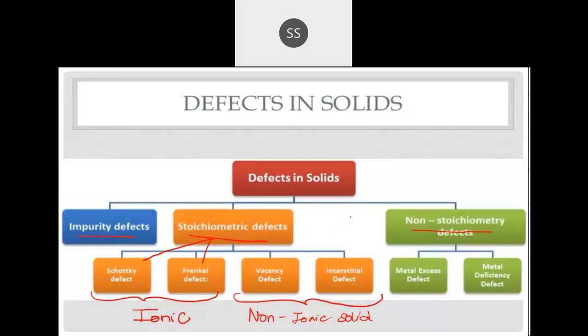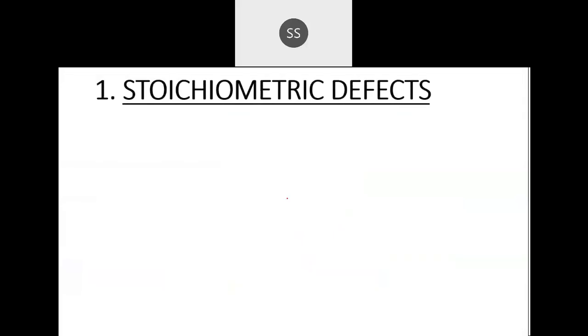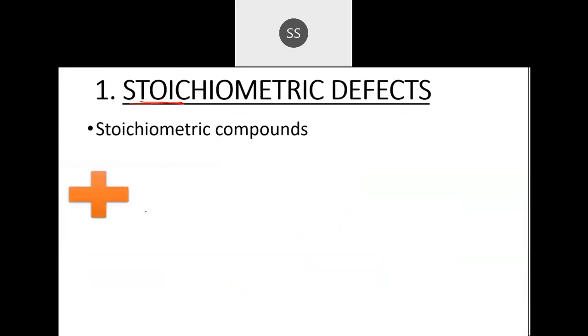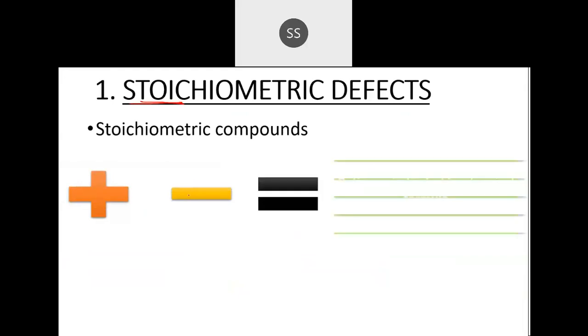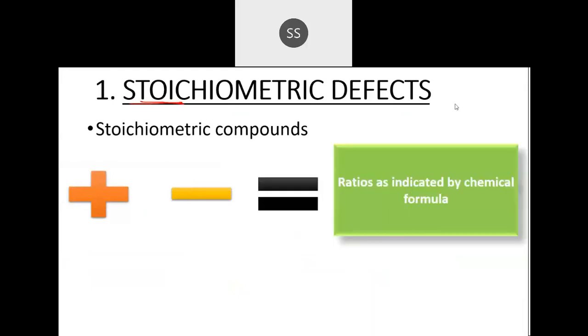So let's see what a stoichiometric defect was. Stoichiometric compounds are those where the ratio of cation and anion is similar to the actual ratio indicated by the chemical formula.